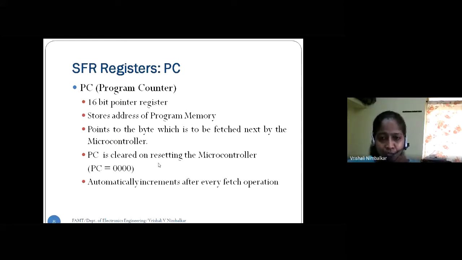The microcontroller comes out of that hung state and starts executing the program from the beginning. And the last point, the program counter automatically increments after every fetch operation. We need not write an instruction to increment the program counter. That is going to happen automatically.